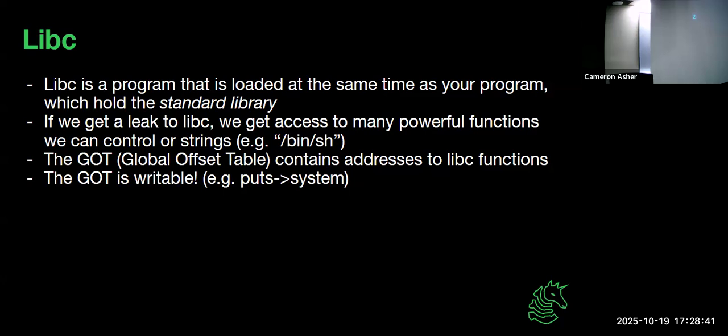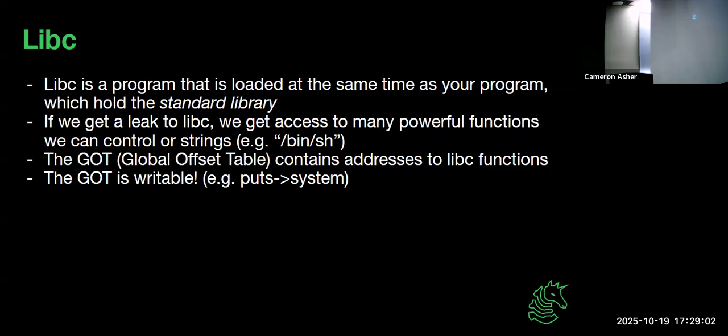Another thing is the global offset table. This is standard with ELF binaries, where you'll have a table full of addresses for libc functions. And this is actually in writable memory. For instance, puts is stored inside of the GOT.